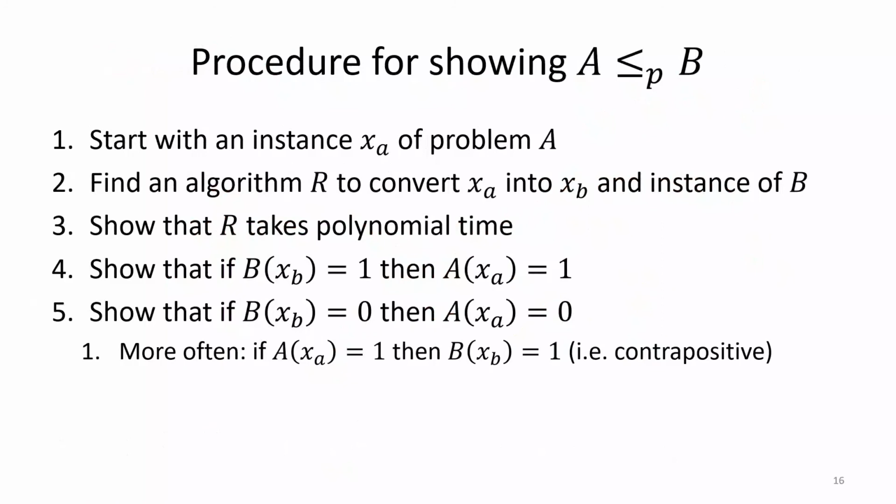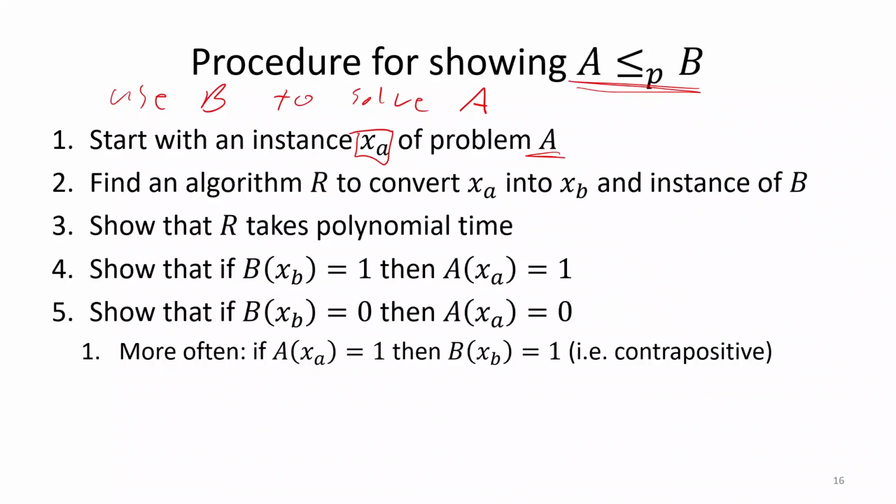So just as a recap then about how it is that we do our polynomial time reductions. The first thing that we're going to do is start with problem A. We're trying to reduce A to B. That is, we're trying to use B to solve A. So we're starting with our instance of problem A. I'm going to call the input for problem A xa.